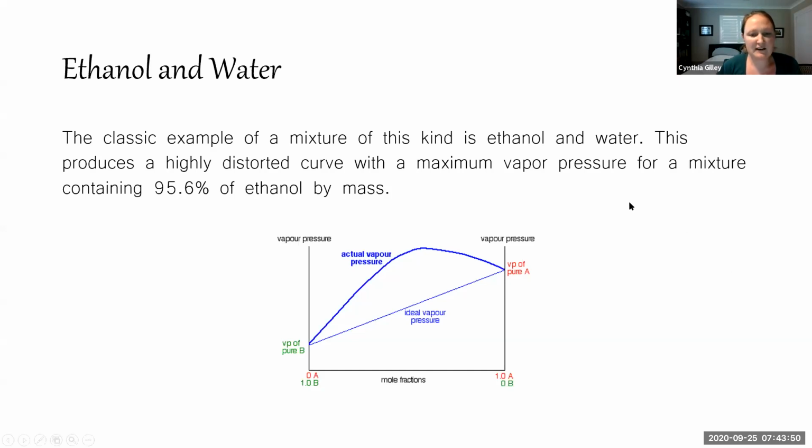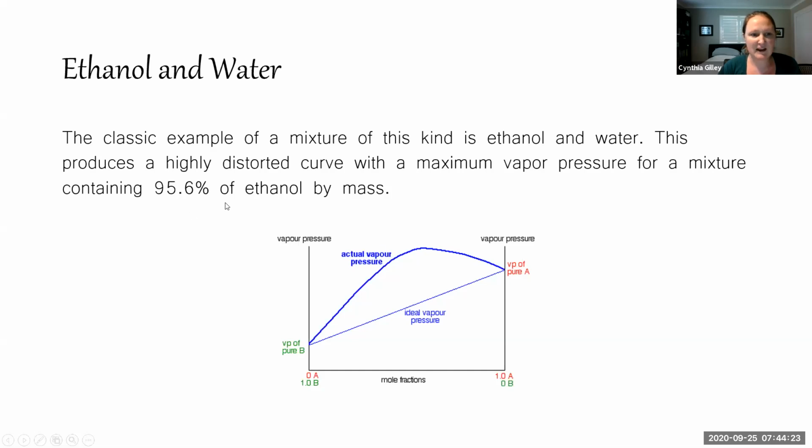This is not a very good graph, but the idea is the point at which you would measure the highest vapor pressure of any particular composition on the x-axis is not that of pure ethanol, right? Instead, it's a mixture of ethanol and water at 95.6% ethanol by mass. So it's actually very close, right? It's not here, it's more like over here. They just haven't drawn this distorted curve very well, right?